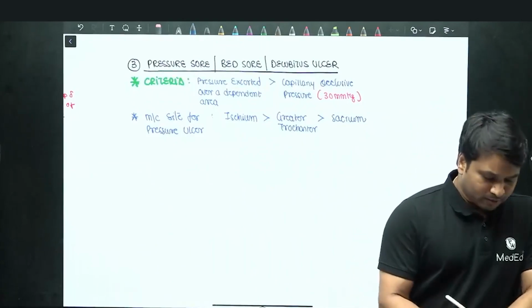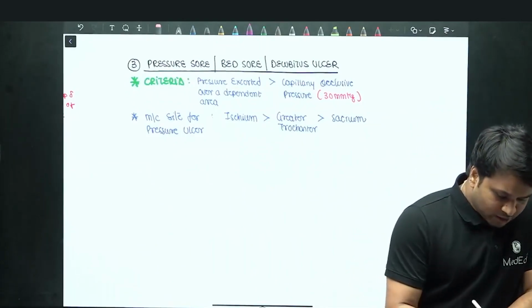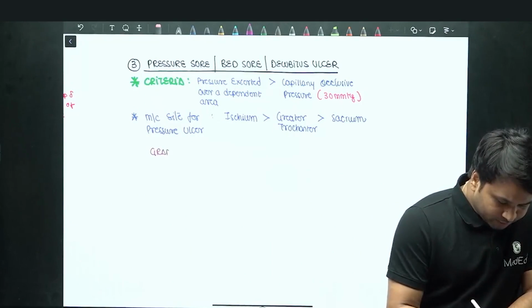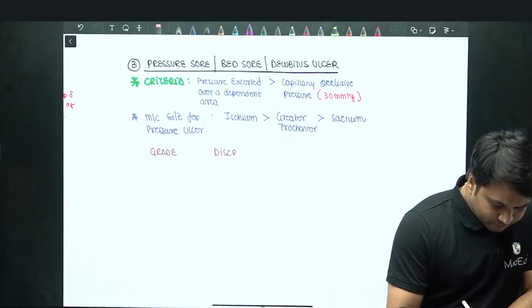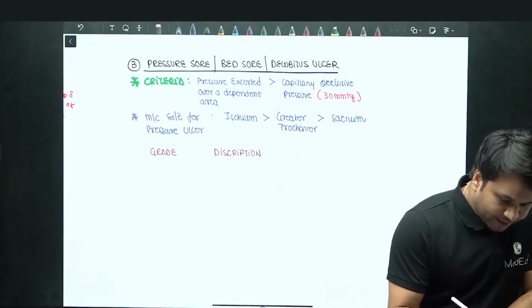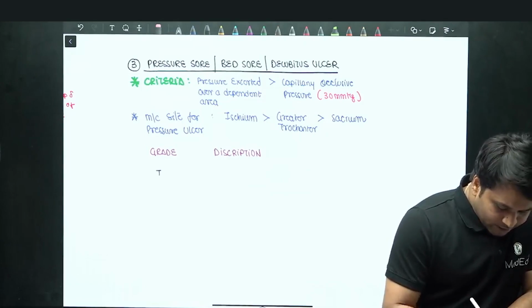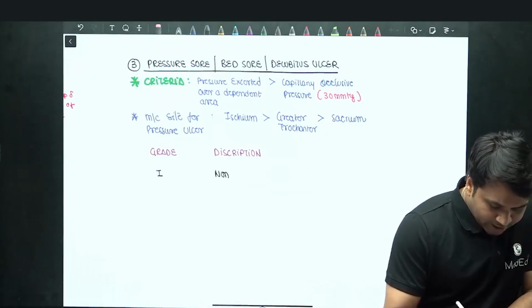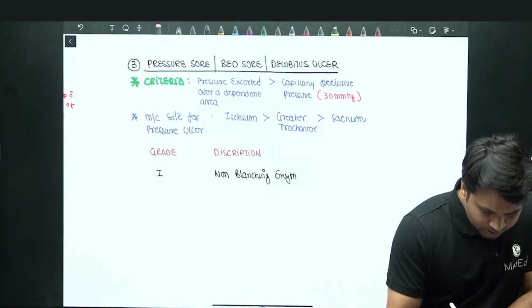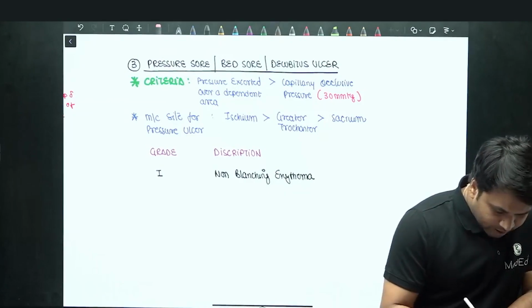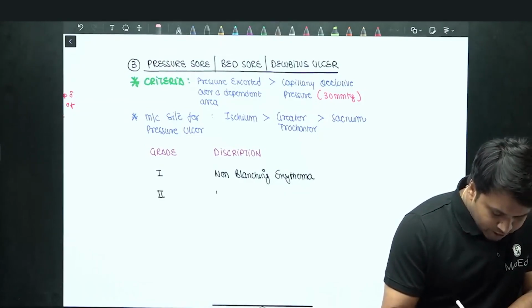Right? Now, when you talk about the grades of the pressure ulcer, we will talk about grade and its description. Grade 1 is the presence of non-blanching erythema. Grade 2, there is partial thickness skin loss.